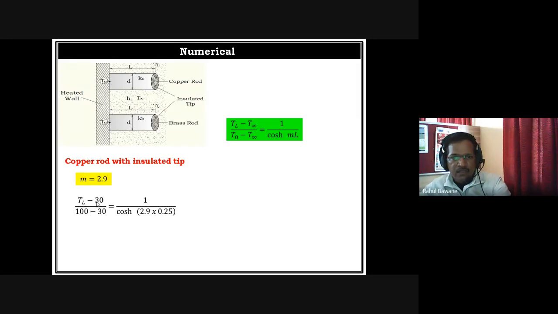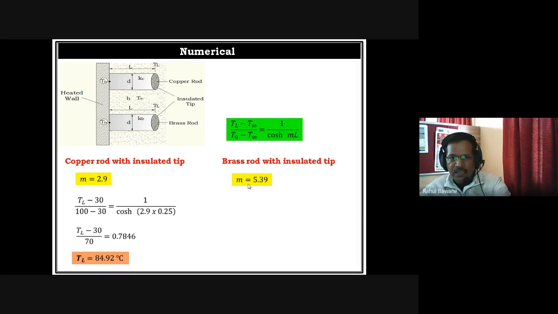Now if I use this relation, TL for copper minus T infinity, 30, upon base temperature 100 minus surrounding 30, is equal to 1 upon cosh mL. m value is 2.9 and L is in meter, 0.25. So we have only one unknown, that is TL. So for the copper fin, tip temperature will be 84.92 degrees centigrade.